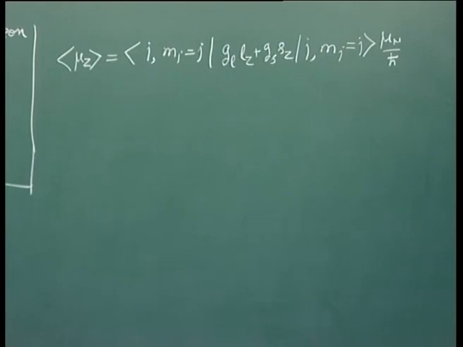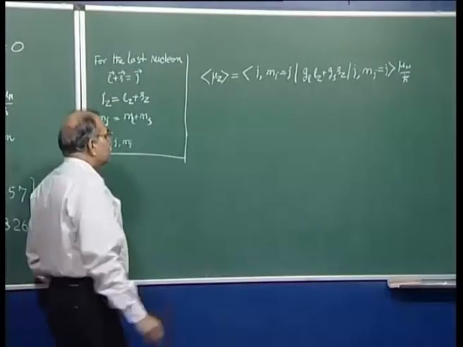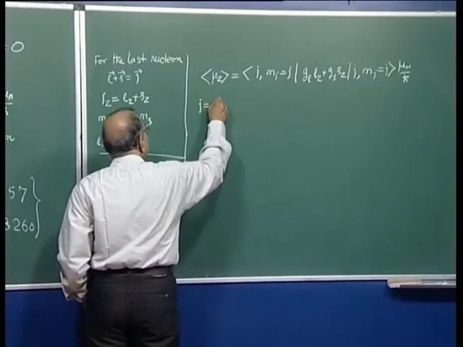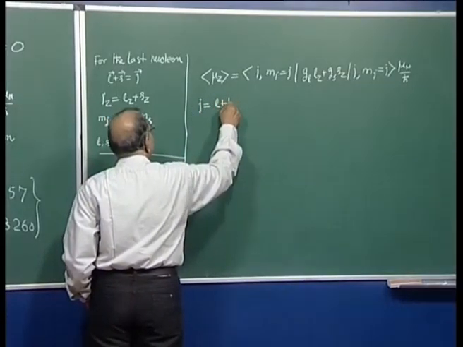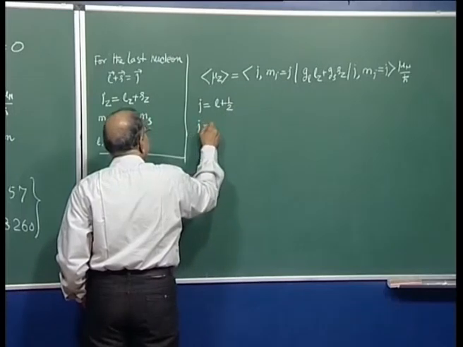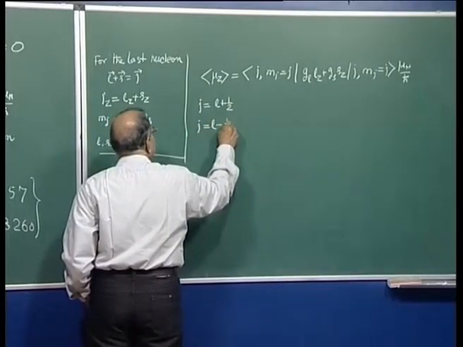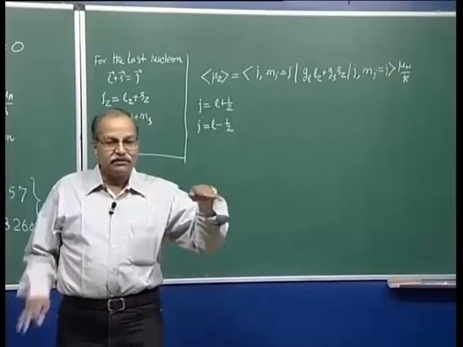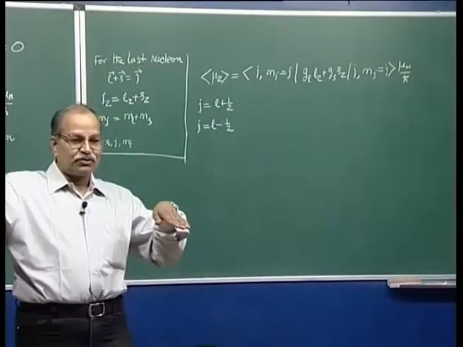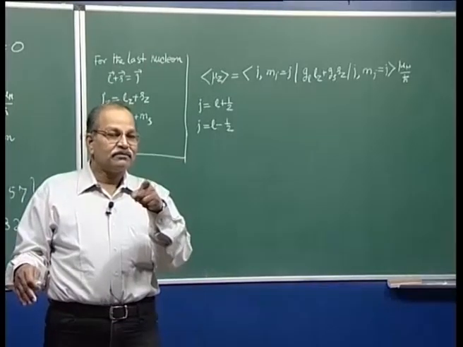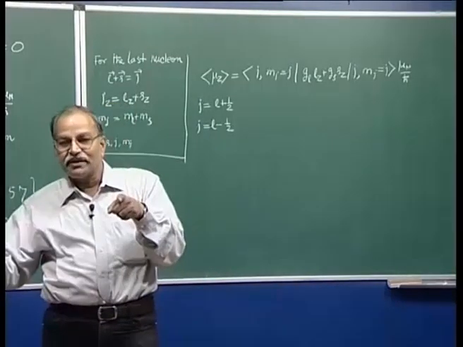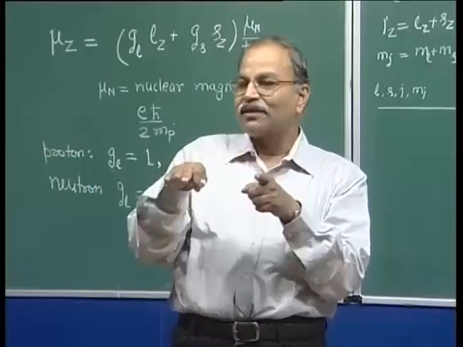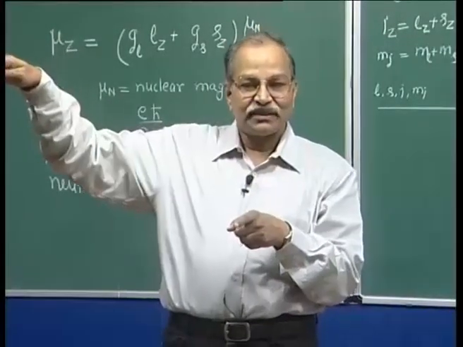Now, 4 cases we have to discuss. First, J can be L plus half or J can be L minus half. Remember that P 3 by 2 and P 1 by 2. So, P is L equal to 1. So, 1 plus half is P 3 by 2, lower energy, and then 1 minus half, P 1 by 2, is upper energy.